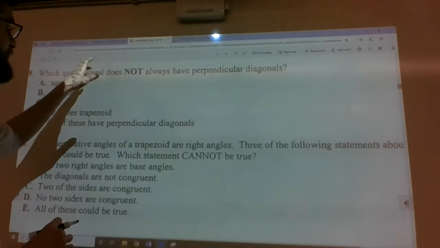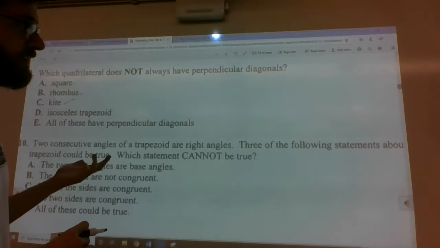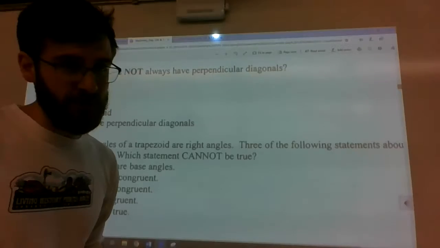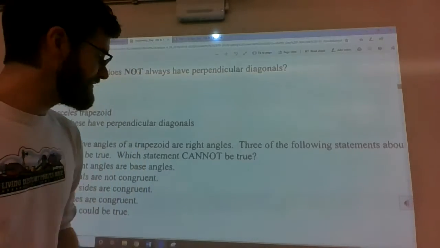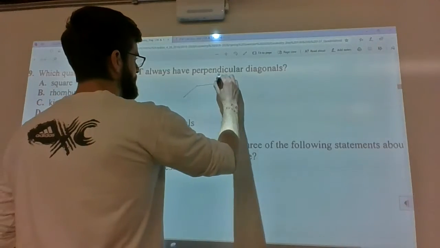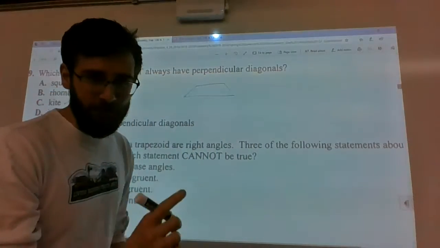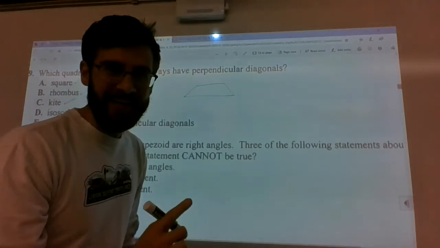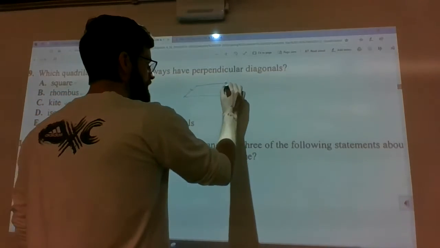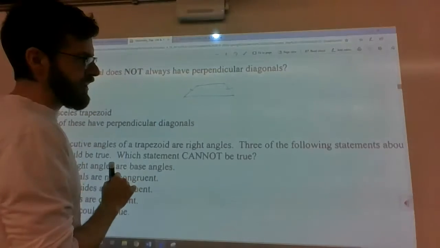So which quadrilateral does not always have perpendicular diagonals? Well, then it must be the isosceles trapezoid, right? Well, wrong, if we can prove that they intersect at perpendicular bisectors. This is what an isosceles trapezoid looks like.